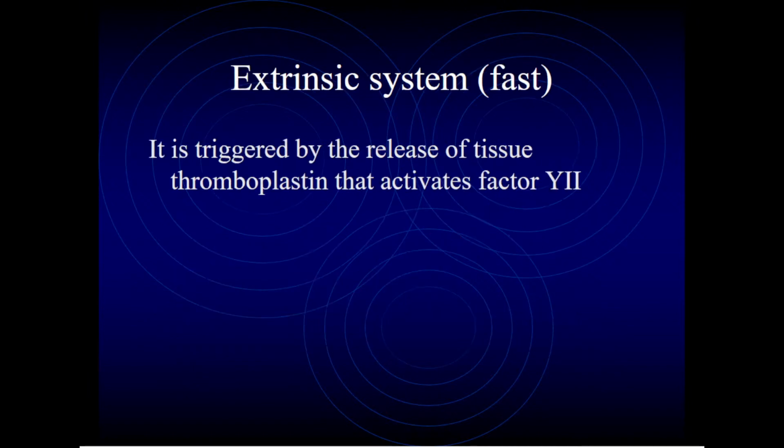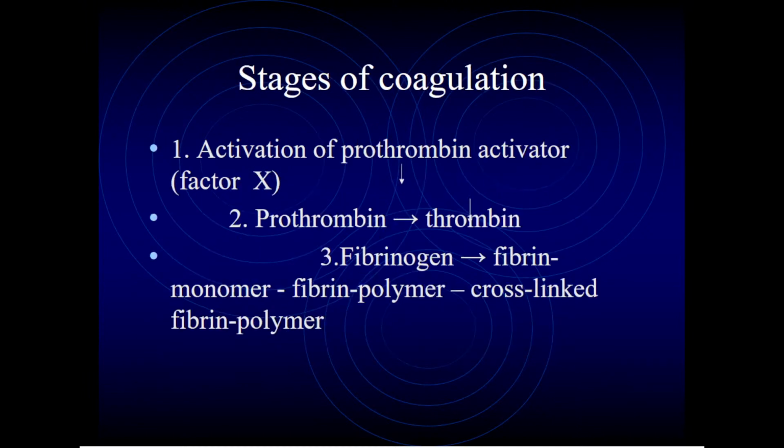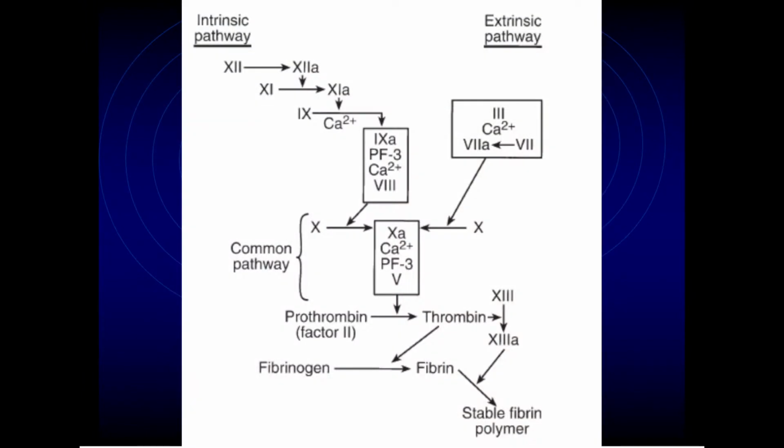The extrinsic system is triggered by the release of tissue thromboplastin, its interaction with factors 5 and 7 in the presence of calcium ions, and the result of this activation is factor 10 activated, which is called tissue prothrombinase.